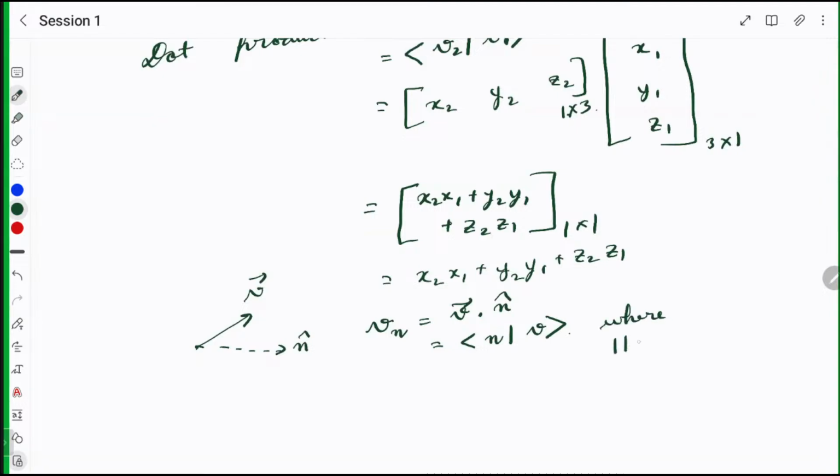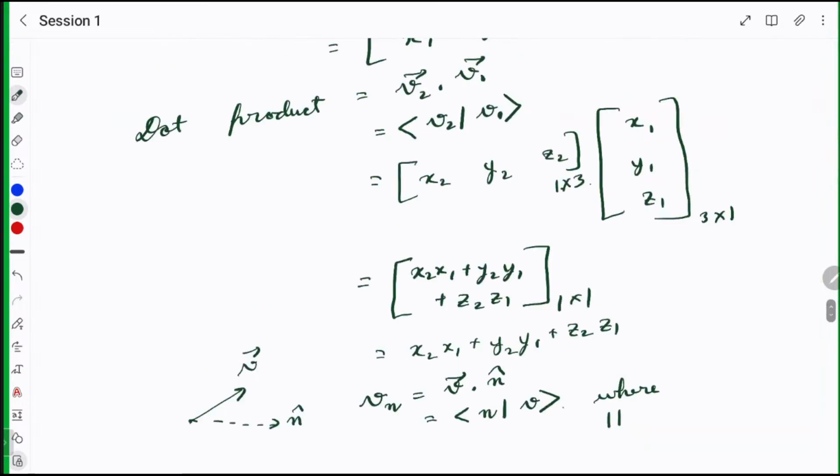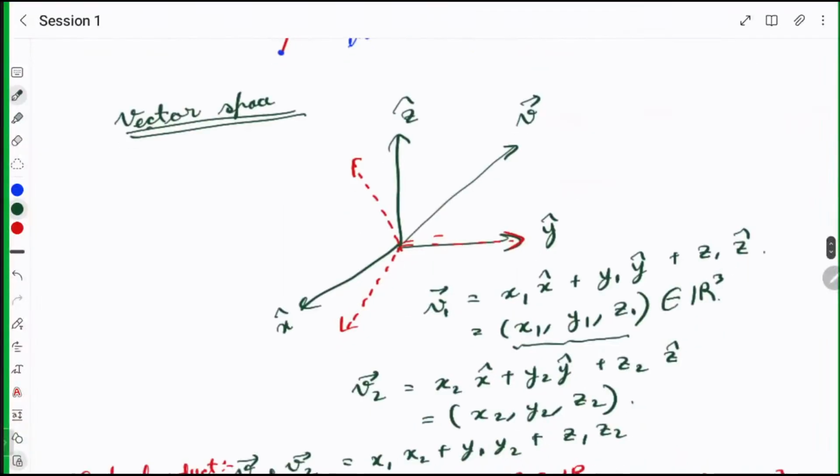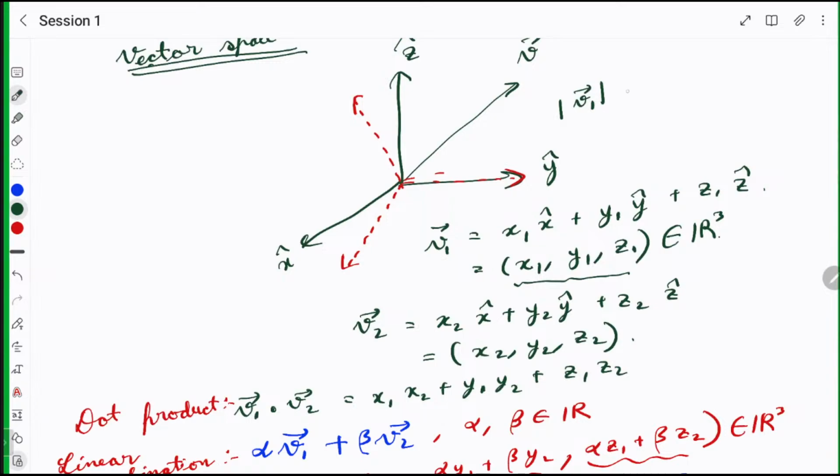Another thing is that generally you would define the length of a vector, that is, the magnitude of v1, as the square root of x1 squared plus y1 squared plus z1 squared, something like that. So basically you can also write this in terms of the dot product, v1 dot v1. v1 dot v1 would give you this, and you take the square root of that.